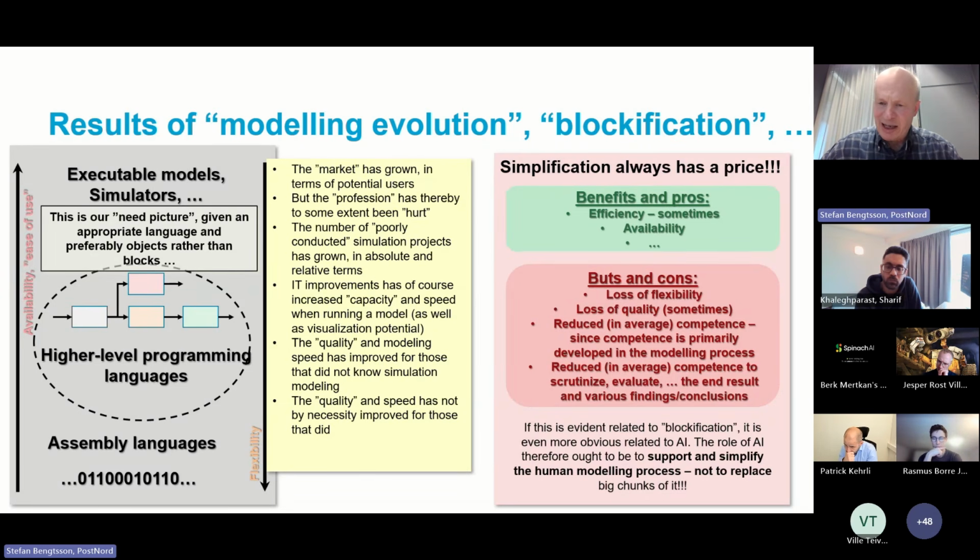So the role of AI should be to support and simplify the human modeling process, not at all to replace big chunks of it. And that's where I'm starting to get a bit scared if we start thinking that it should. Even if it could be done, I would say it should not be done. And I will have more arguments for that.